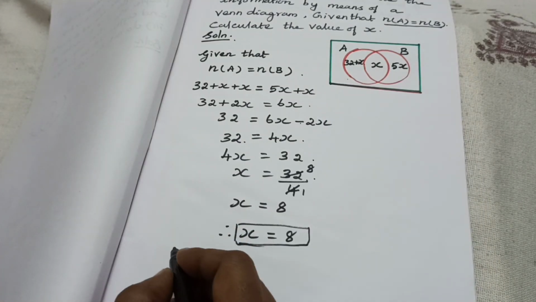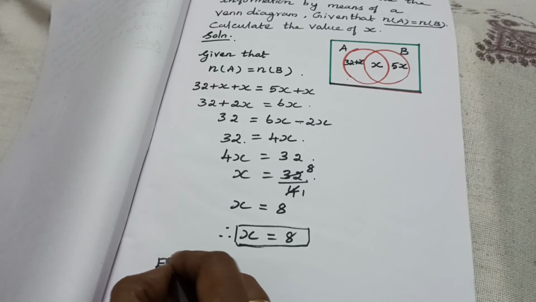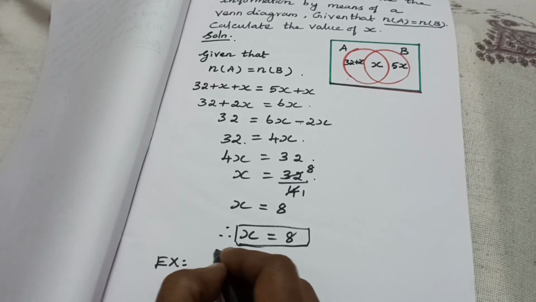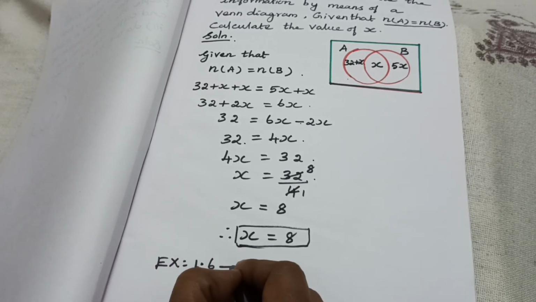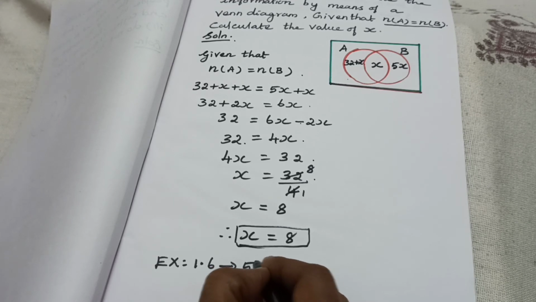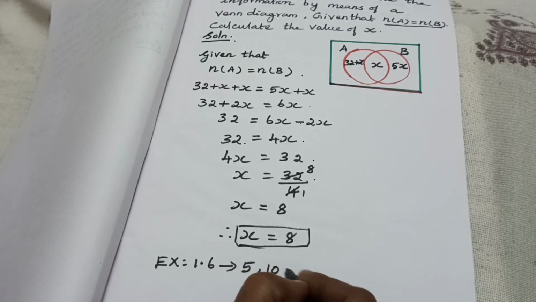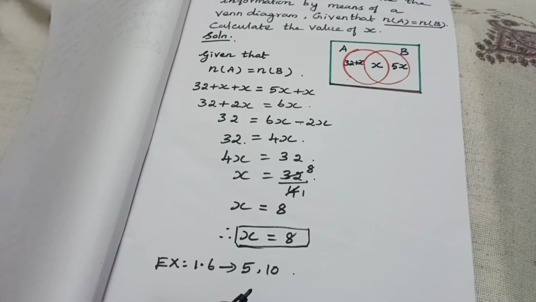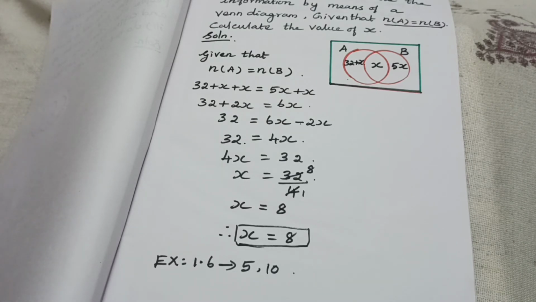Next, I am going to give two questions as homework. Exercise 1.6, 5th sum and 10th sum. The 5th sum is Example 1.31 model.